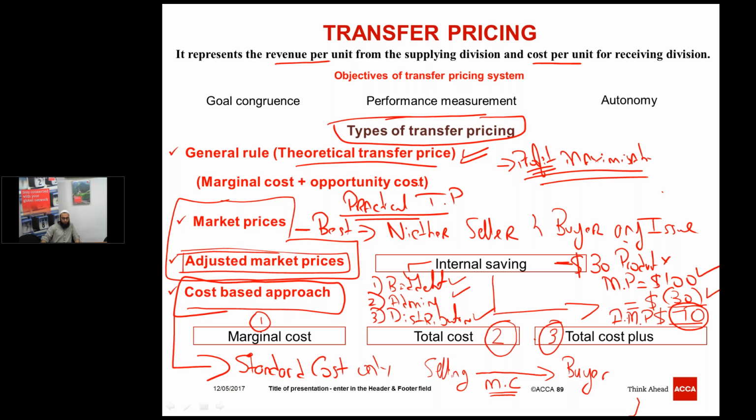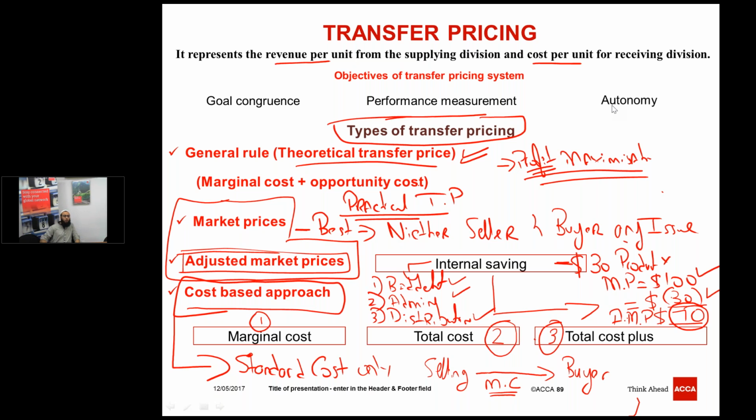No profit, no contribution. Okay, so if I'm setting the transfer price on the basis of marginal cost, I think, and you also think, that the seller will not have any sort of profit.